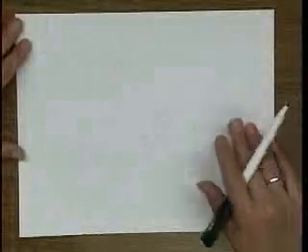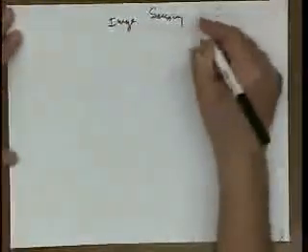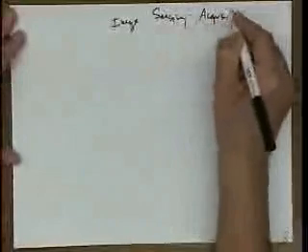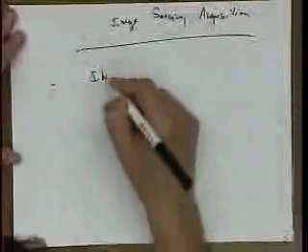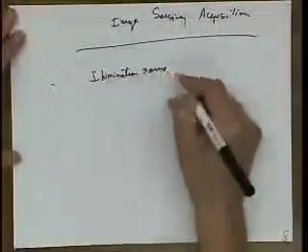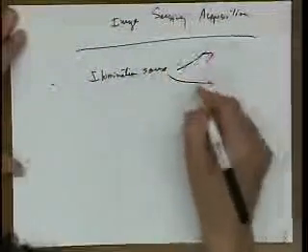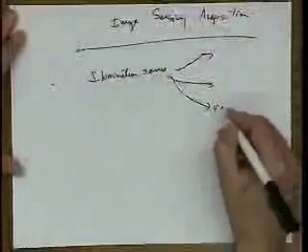So as I mentioned, when you're doing image sensing and acquisition, there's two things. There's the illumination source. And the illumination source can be, I mean, we're dealing with image processing, so we're dealing with visible light.